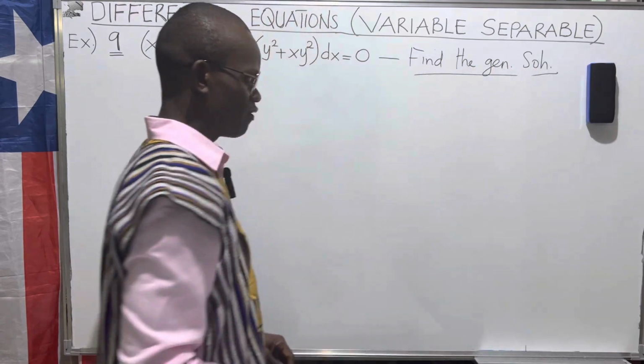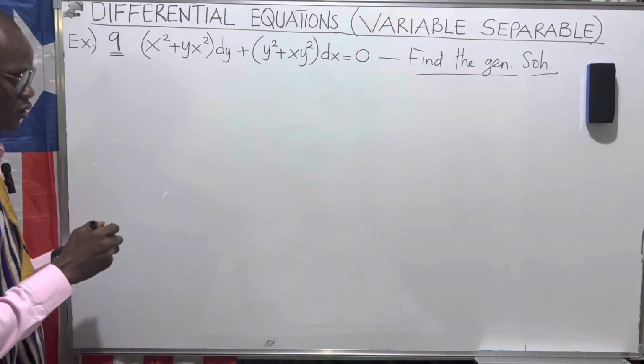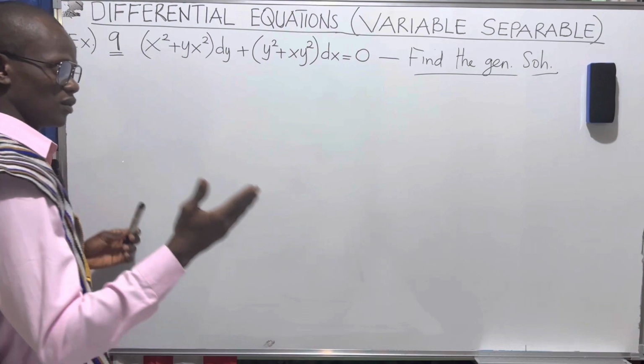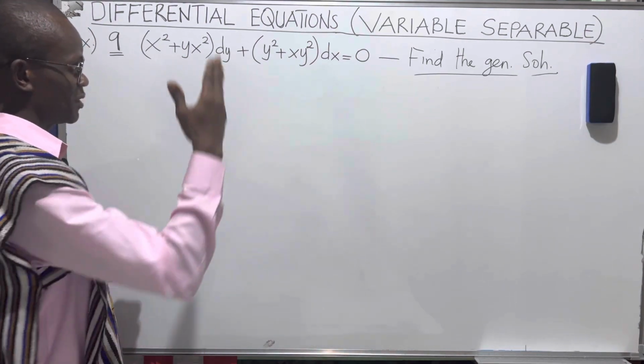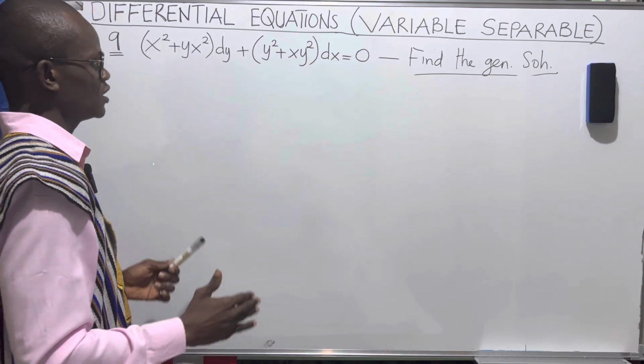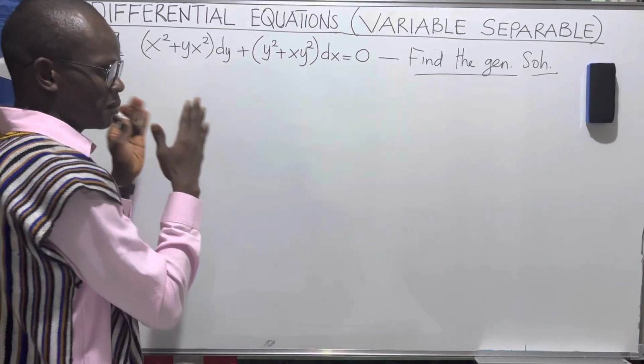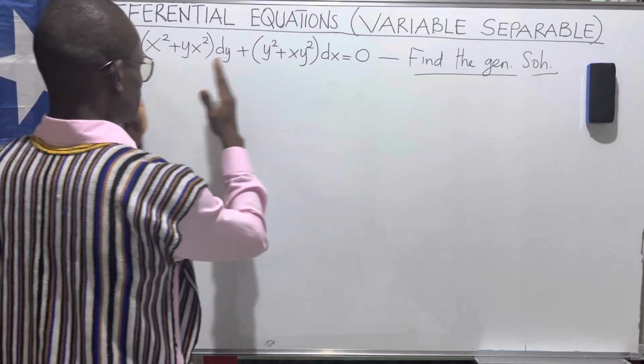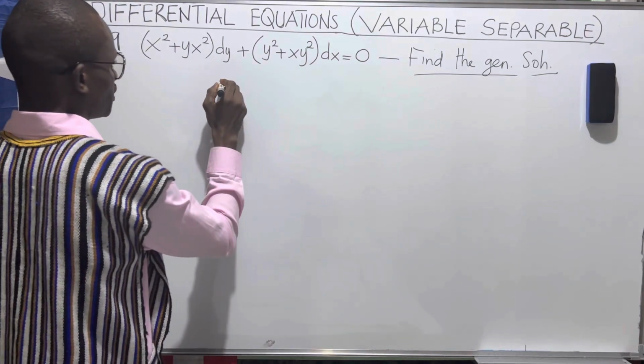So how do we go about finding the general solution of this equation? Like we said, when you're dealing with differential equations, especially first order, the first approach is to test for variable separable, as to whether the variables can be separated. So write an equal sign like this.